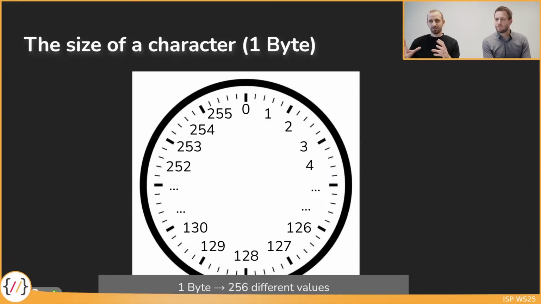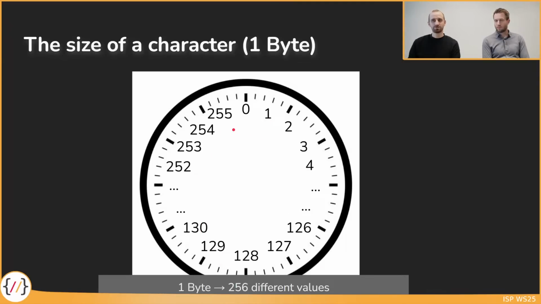You can imagine these bytes as a clock, for example. So you have these values 0, 1, 2, 3, 4, and so on. Half of it is 128. And if you have the value 255 and you add one more, you're again at 0, because you cannot break out of this.